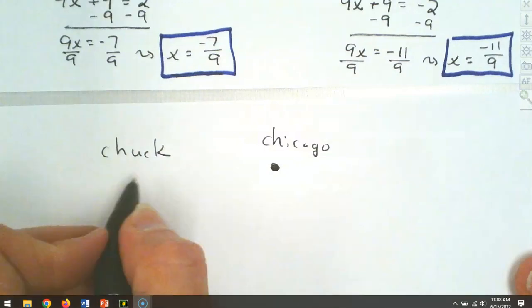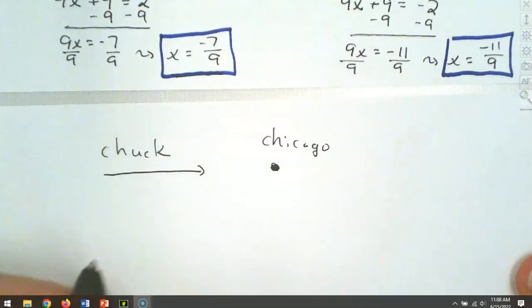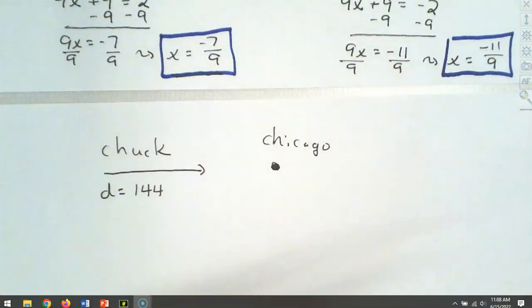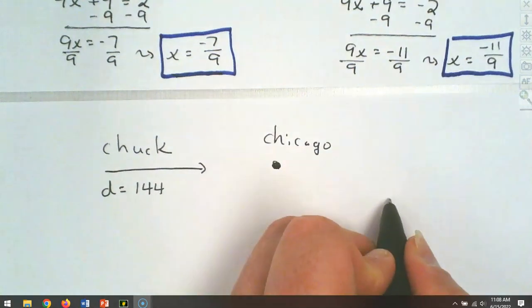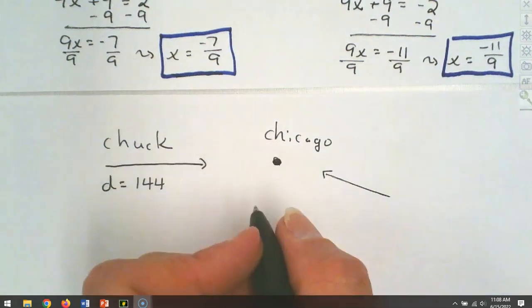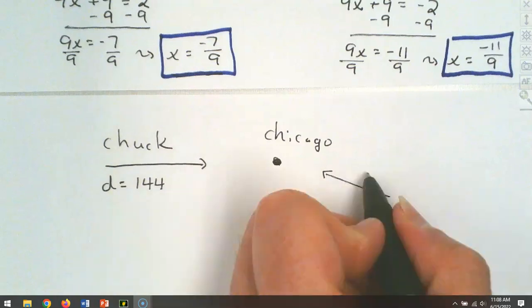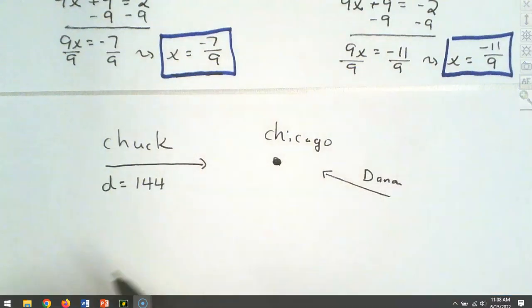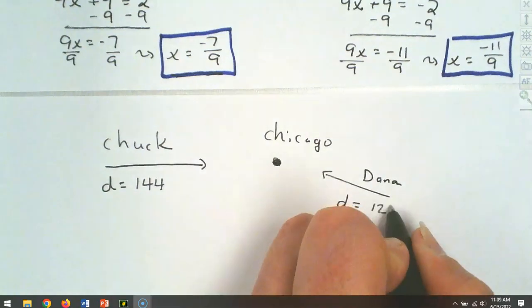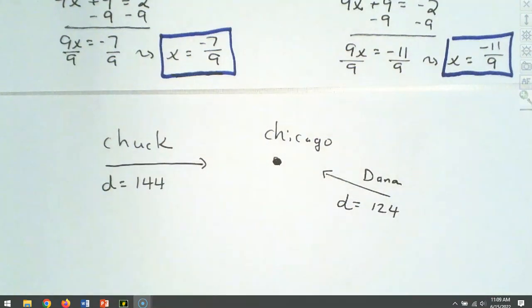There's Chicago. So Chuck is maybe coming from this way, going to Chicago. Now, Chuck travels a distance of 144. And then Dana, maybe she's coming from a different part of the state, and she's coming this direction. And Dana travels 124 miles. So that's what we've got. So different people going to Chicago.